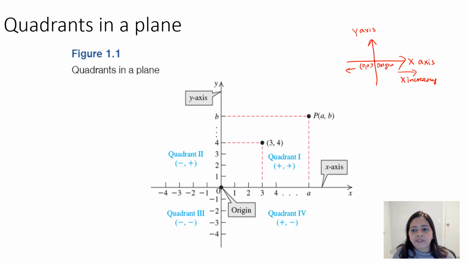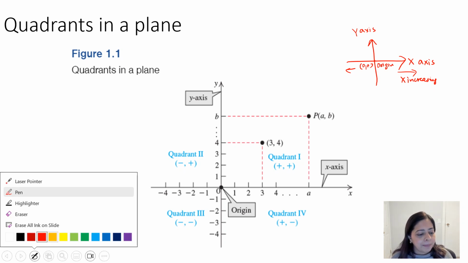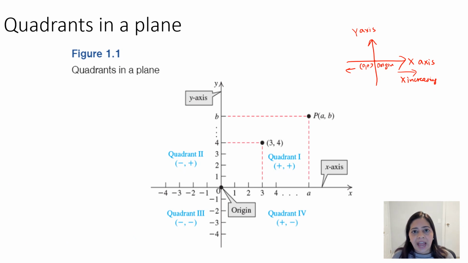The x and y axes are further partitioned into the positive x-axis and the negative x-axis. This part is the positive x-axis, and this part is the negative x-axis.